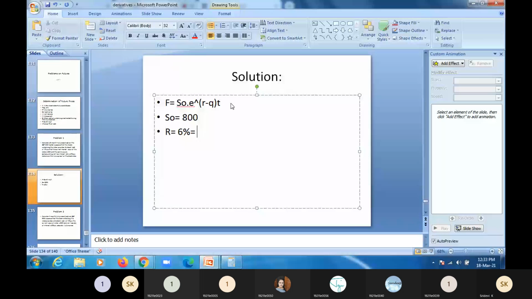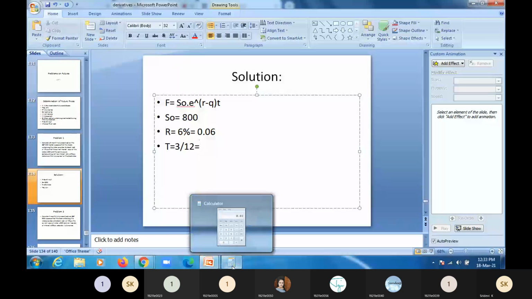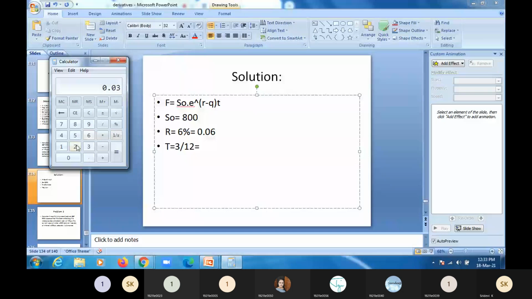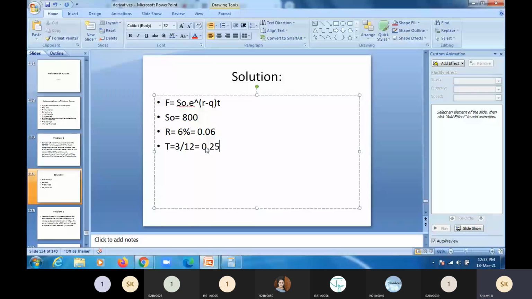And T is 3 months, so you have to convert this into years. To convert that into years, divide by 12. 3 by 12 is 0.25. So the T value we have converted into decimal.